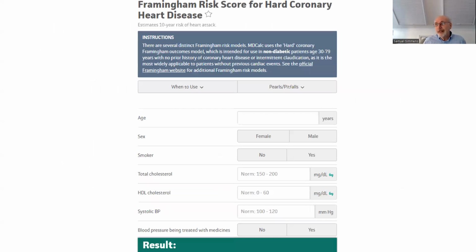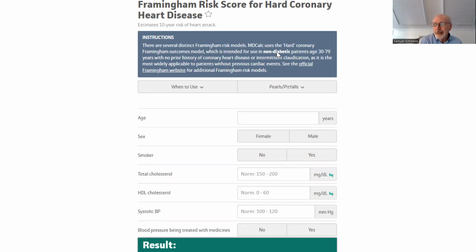Next slide. This is just a screenshot of a commonly used prediction model based on the Framingham study, and there are different variations of it. I assume it's still used currently in primary care practices, for example, to decide whether a patient should be put on some sort of medical therapy to help prevent cardiovascular events.